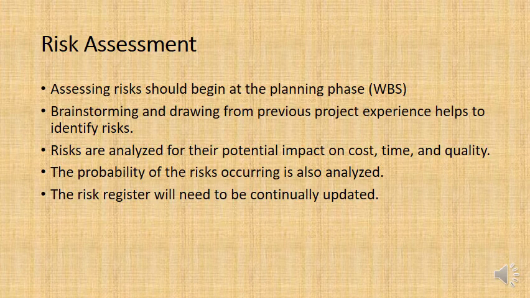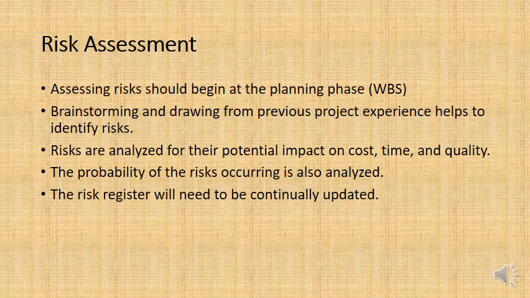Now, once you have a list of all of the risks, you will then analyze the risks for their impact. What will be the impact on cost, time, and or quality? And then you would also be analyzing the probability or the likelihood of that risk eventuating, of that risk becoming a reality.